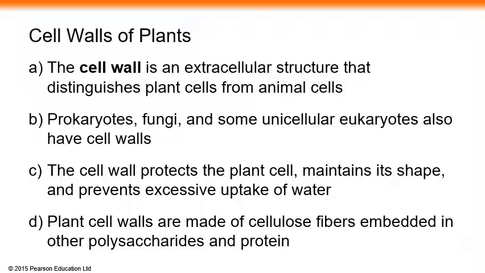The cell wall protects the plant cell, maintains its shape, and prevents excessive uptake of water. Plant cell walls are made up of cellulose fibers embedded in other polysaccharides and protein.